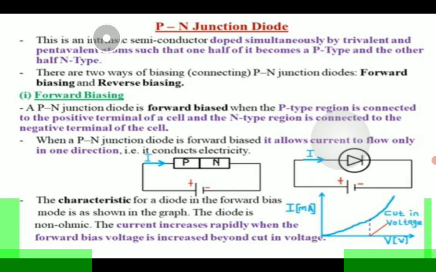We are looking at an intrinsic semiconductor, like silicon or germanium. Remember that every time we mention intrinsic semiconductor, we are basically talking about either silicon or germanium, because these are pure semiconductors, and these pure semiconductors are called intrinsic semiconductors.